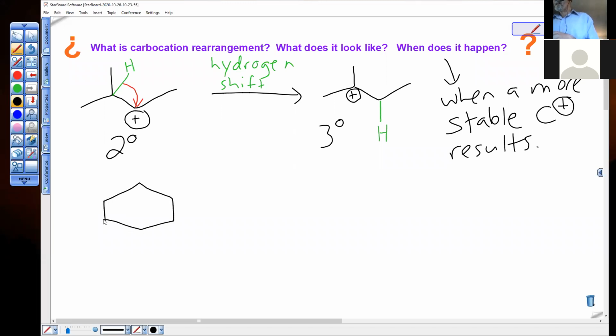So say we had this carbocation right here. And we did a carbon shift. Took one of these methyls and moved it to the next carbon over.